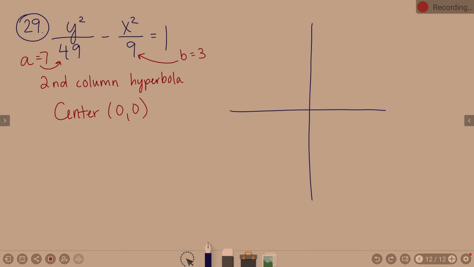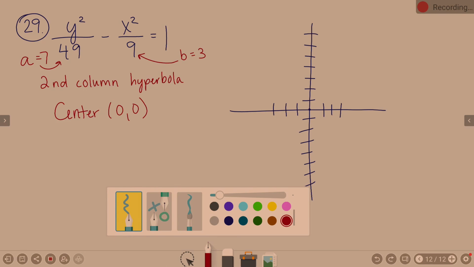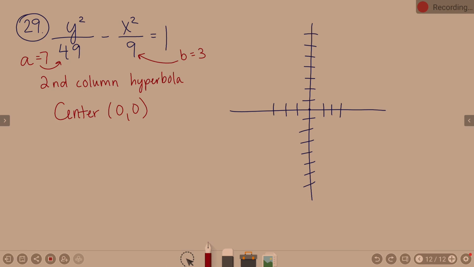Okay, my center is at 0, 0, yes? And it's not necessarily that you have to have a dot at your center, but if it's not at 0, 0, you probably want a dot there to just kind of have a location.